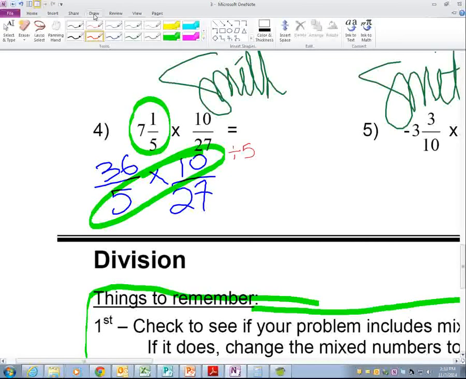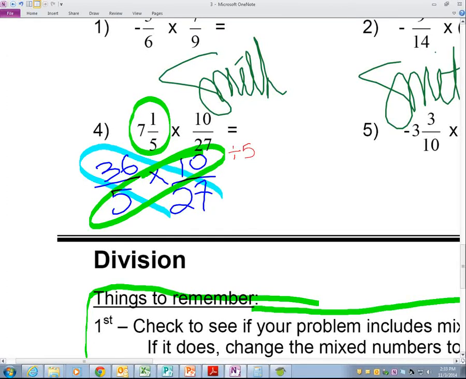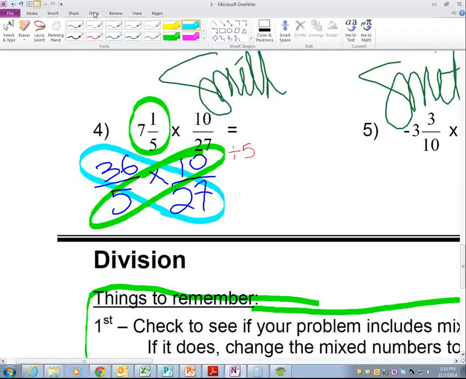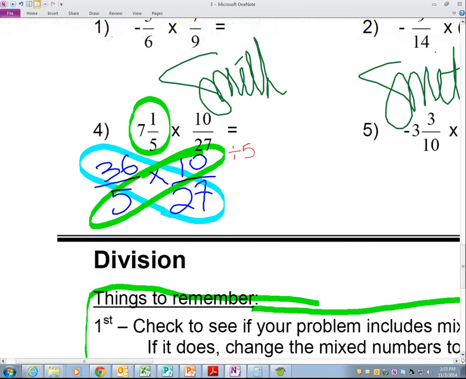And also the other side has a common factor. 9. The greatest common factor is what you want to do. So that is 9 divided by 9.